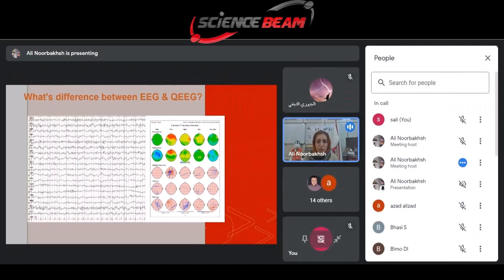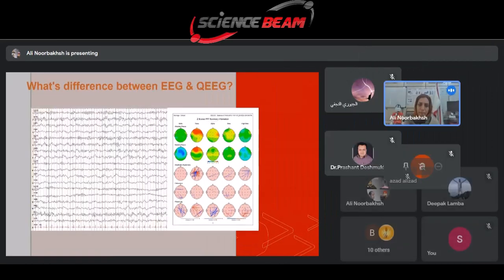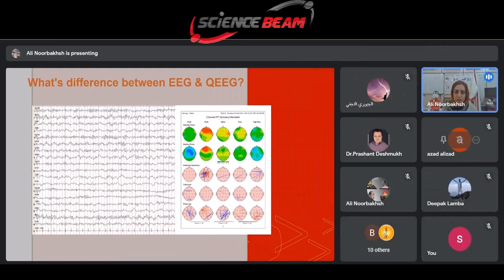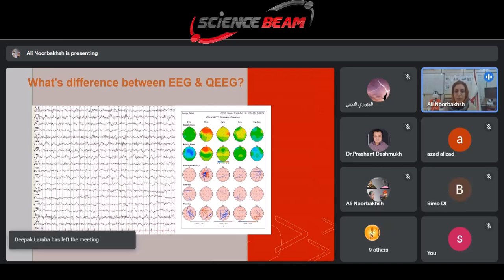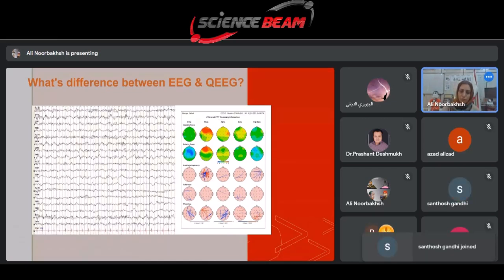A quantitative EEG or QEEG applies sophisticated mathematical and statistical analysis to these brain waves and compares them to age and state controls. The QEEG process allows us to create a brain map through this combination of precise measurement and quantitative comparison.